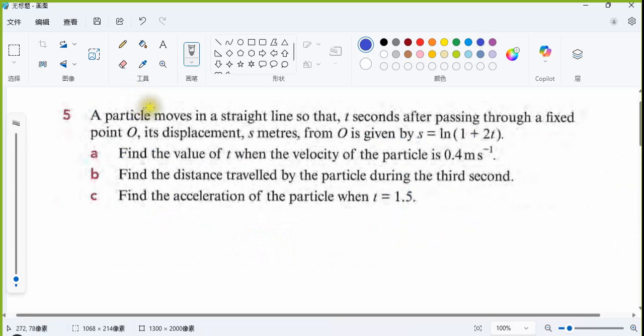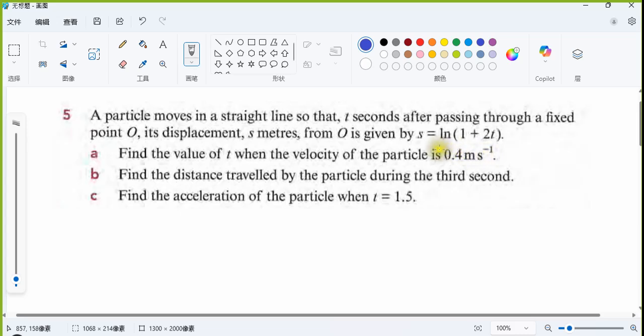Question number 5. A particle moves in a straight line so that t second after passing through a fixed point O, its displacement s meter from O is given by s equal to ln(1 plus 2t). A, find the value of t when the velocity of the particle is 0.4.